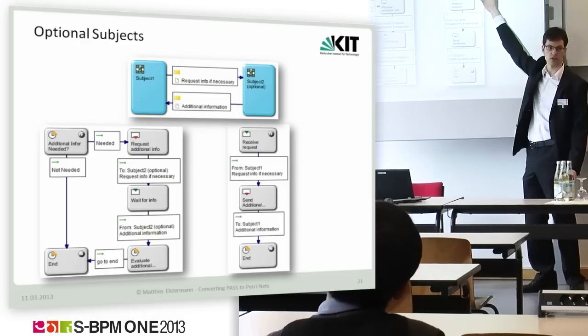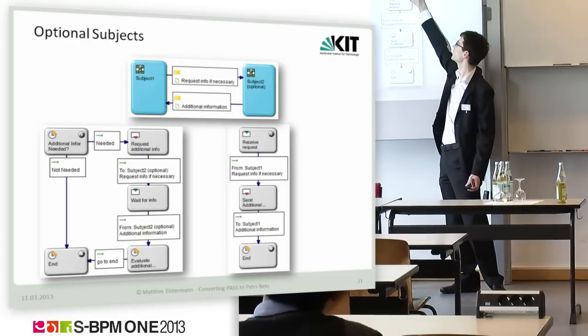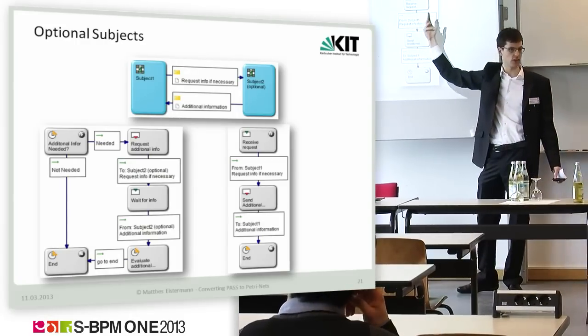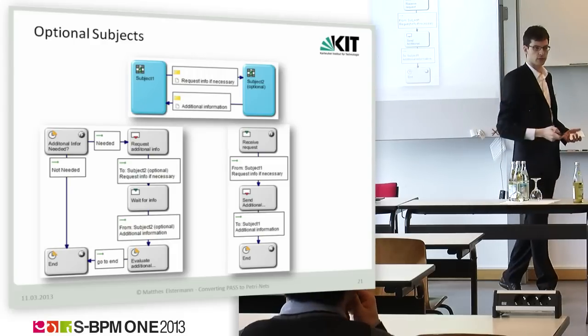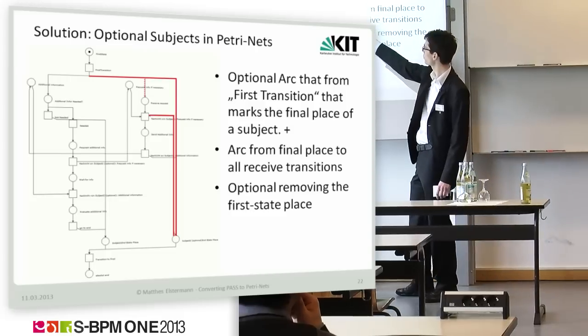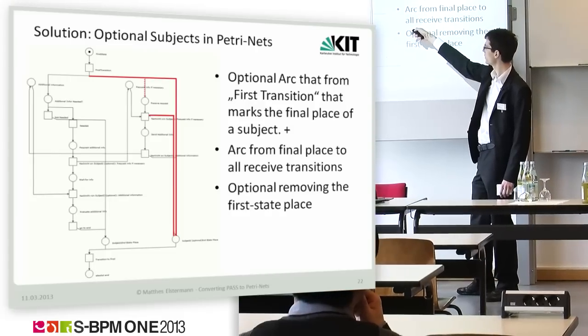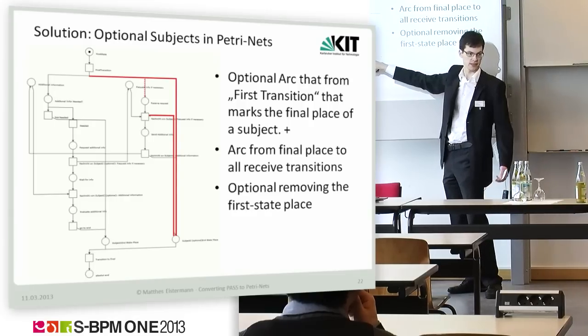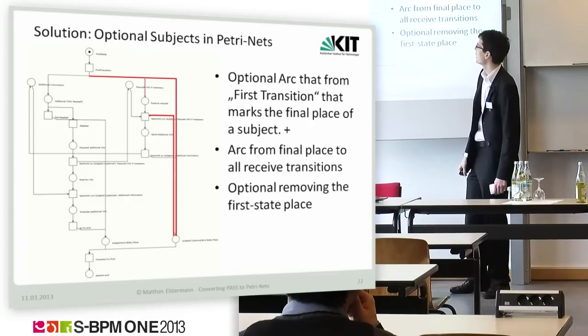In subject orientation, this is no problem because you say simply this subject is either never instantiated, so it never needs to reach an end or not. In a Petri-Net, this is not so easy because if the first transition puts a mark on this place and the final place cannot be reached, then you're limited.